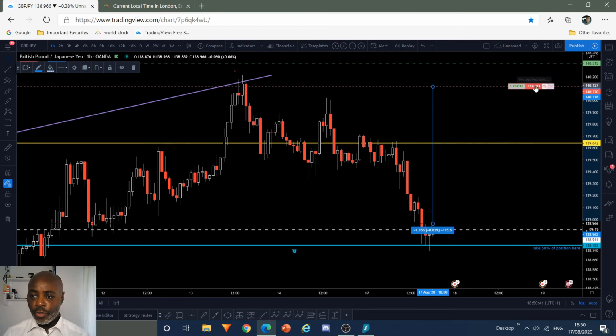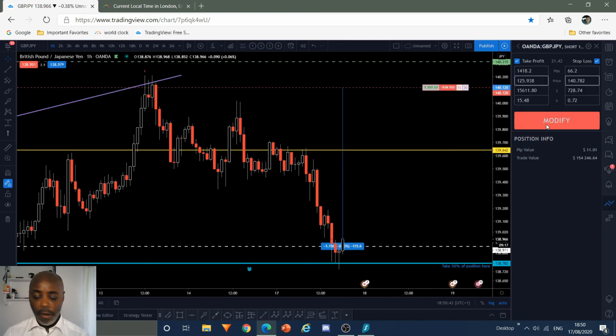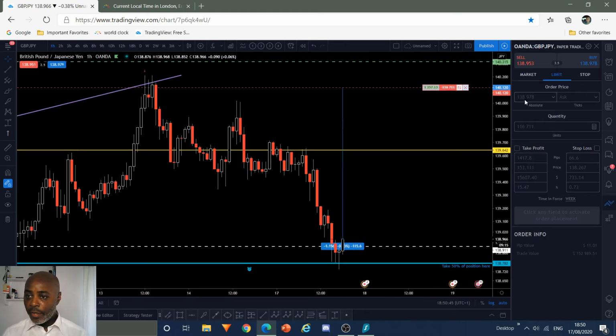So what I want to do is modify my position. Now, this figure here, 138978, I'm going to put into my calculator. 138978, that's our lot size. If we halve that, it becomes 69489. Now, this is how it works. I want to get out of half of this position which we've sold.